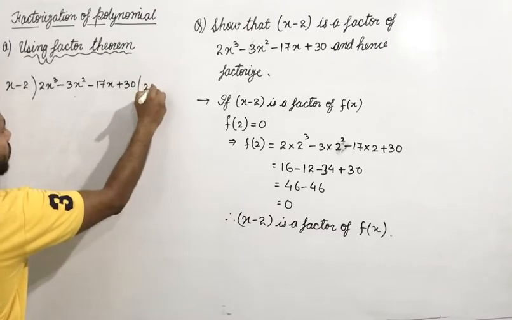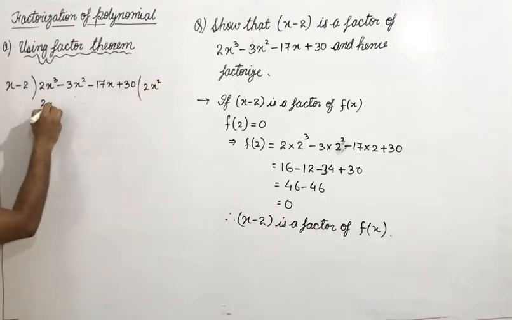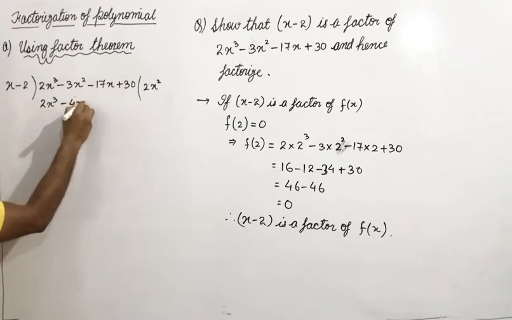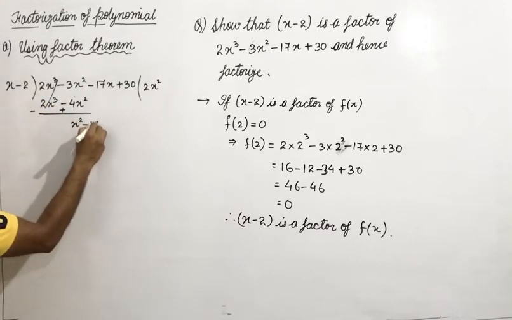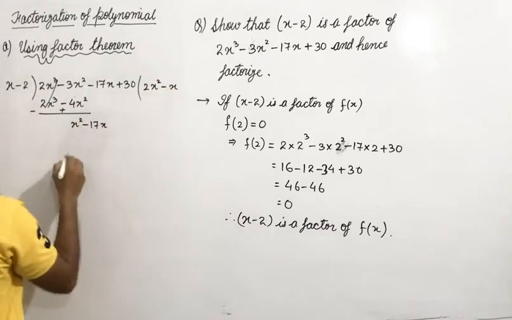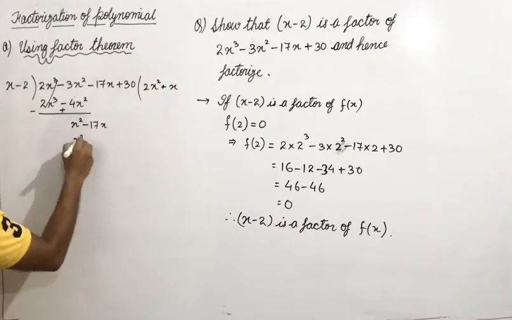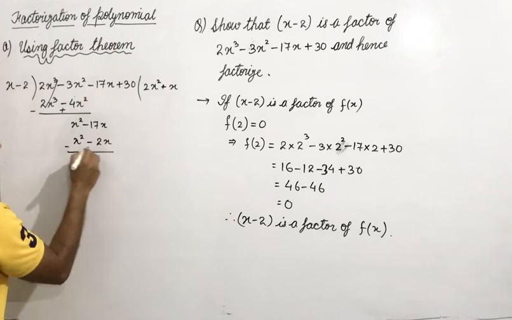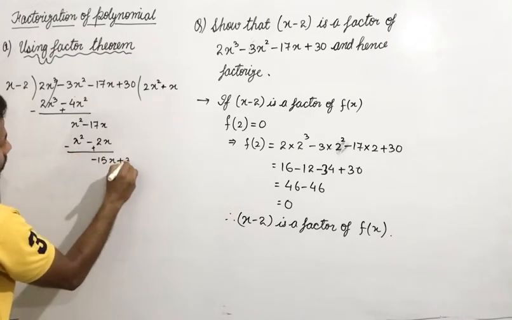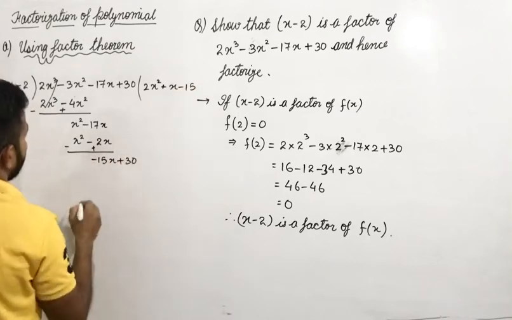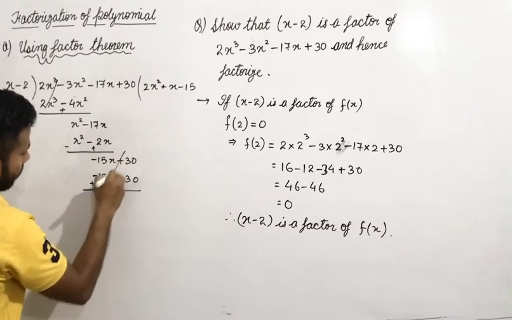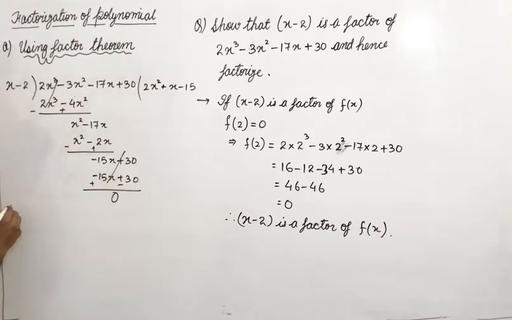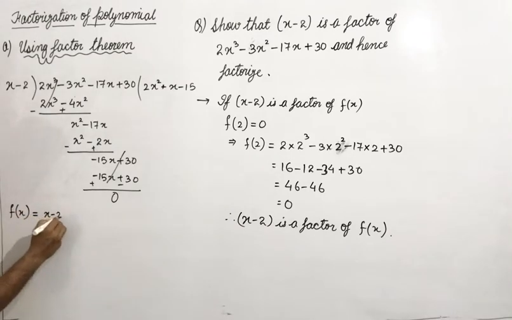So it is 2x square, 4x square, so this fx is coming x minus 2.